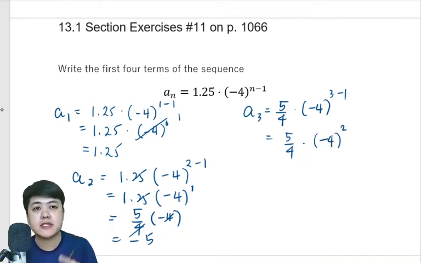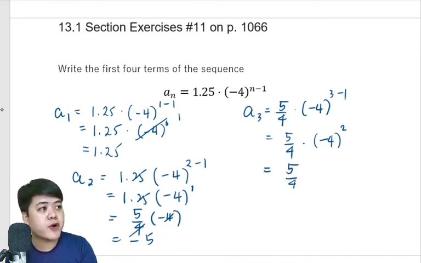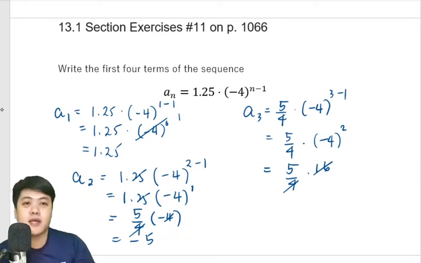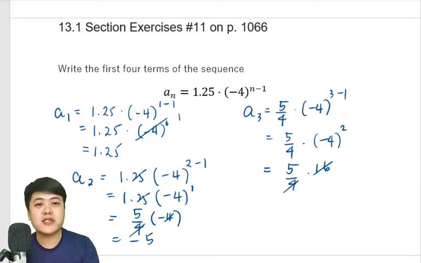So wag mo na munang i-simplify. Sige, pwede na pala. Para lang alam natin na maging positive yon. So that's 5 over 4. Negative 4 squared, that's positive 16. Then you can cancel. So 16 over 4, maging 4 na lang. Times 4. So 5 times 4, that is 20.